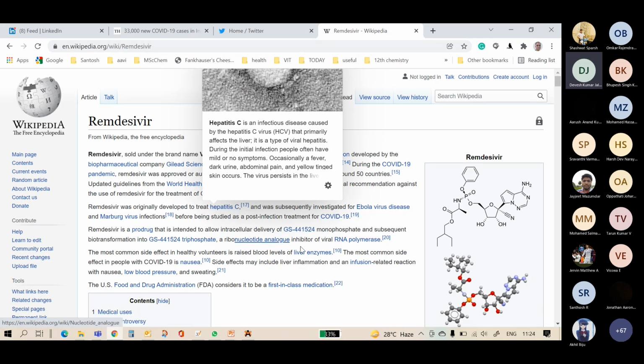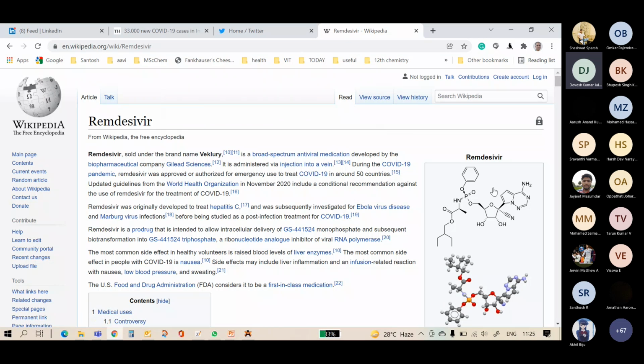So you have a molecule like this. This is remdesivir. A few things you can notice. This is actually a sugar molecule, a modified sugar molecule, to which another part is attached. A phosphate group is here, and there are different substituents.